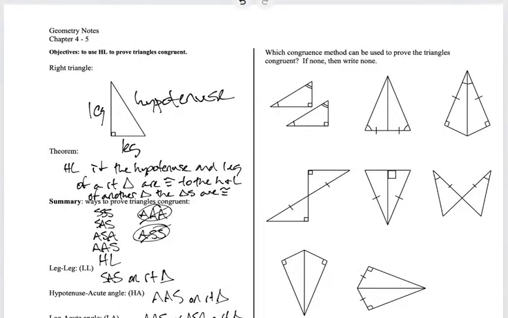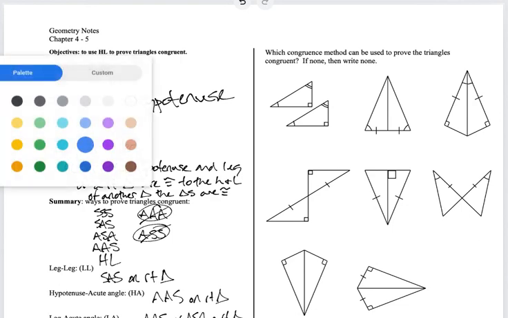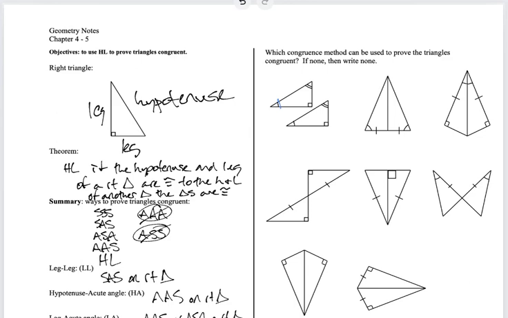So when we have those same problems from before, some of the things that were none before might become hypotenuse leg. But this first one here, all I have is angles on this triangle. So if I get a color here so I can be distinct, that angle, this right angle, this angle. So this is still angle, angle, angle, so not really a thing. This is a none. But this next one that would have been a problem before, or maybe not.